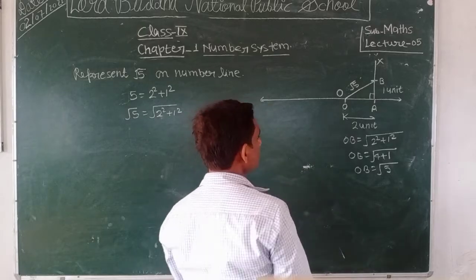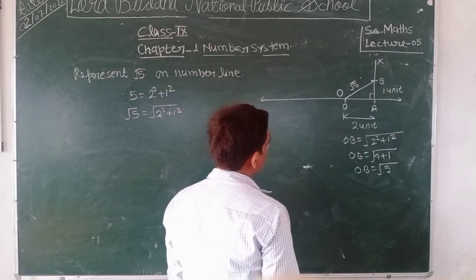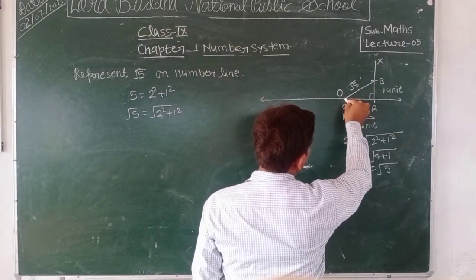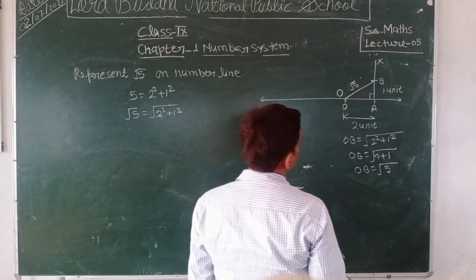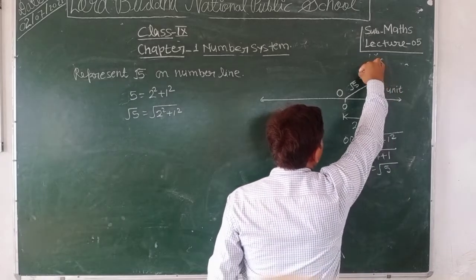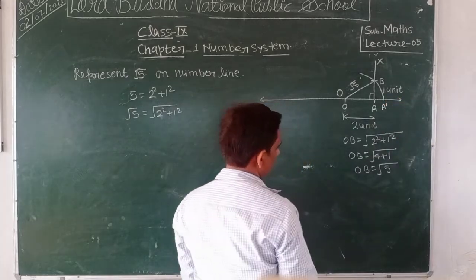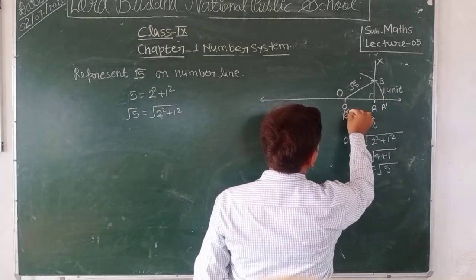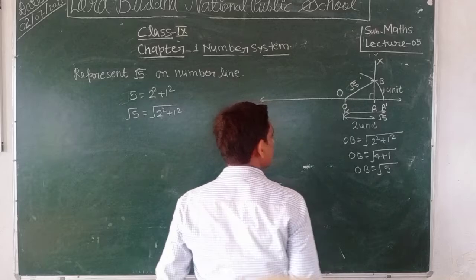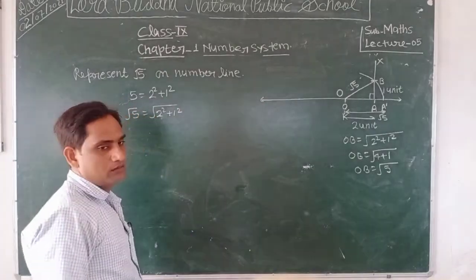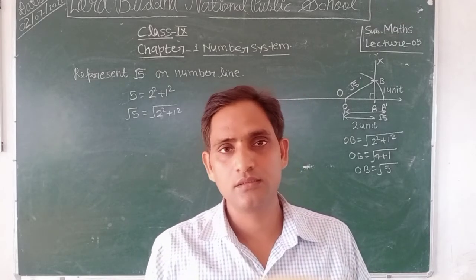Now, in the next step, we take the compass with O as center and OB as radius. We make an arc with the compass, which cuts the number line at point A dash. The length of OA dash represents root 5. In this way, we represent the irrational number root 5 on the number line.